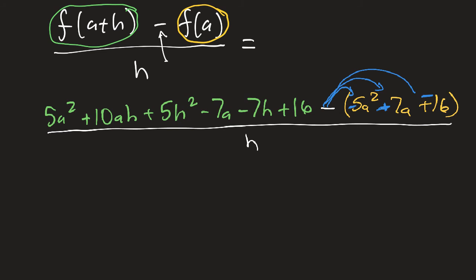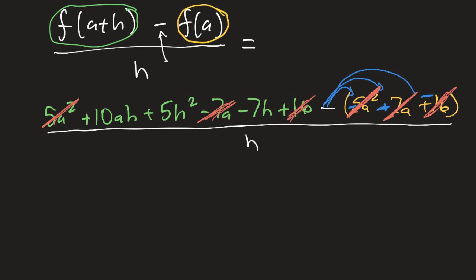And then what we can do, and I'll just use a red pen to do this, is combine some like terms. You see how I have this minus 5a squared right here? That cancels out and makes 0 with the 5a squared. And you see how I have this plus 7a right here? That cancels out with the minus 7a. And you see this minus 16? That cancels out with the green 16 there.